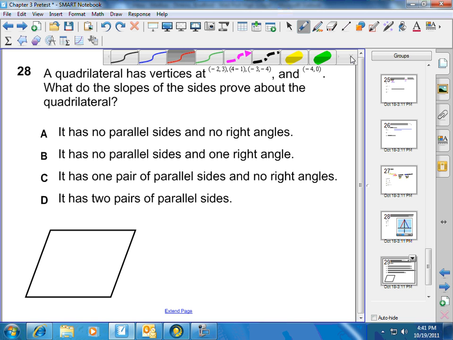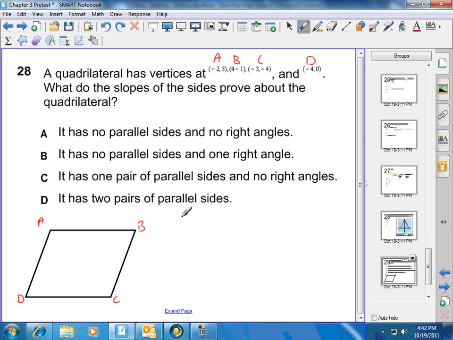Let's just label these points A, B, C, and D. If we were to graph them, it may not look like this, but I'm just going to put a figure here, like I told you, just so you can tell what segments are opposite and what sides are consecutive or adjacent. Remember, when you're naming a polygon, you start at any vertex and then go clockwise or counterclockwise and name the vertices. Just don't zigzag.